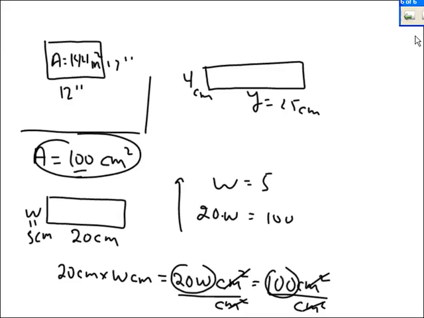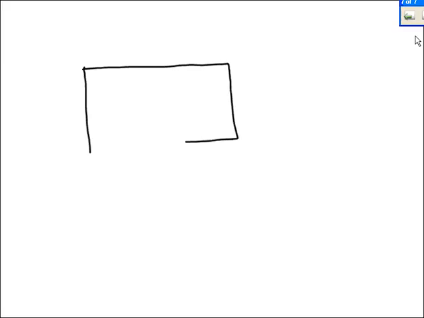One more. What is the area of the shaded region? What is the area of this shaded region? Maybe you have a portrait, which is 20 inches by 10 inches.